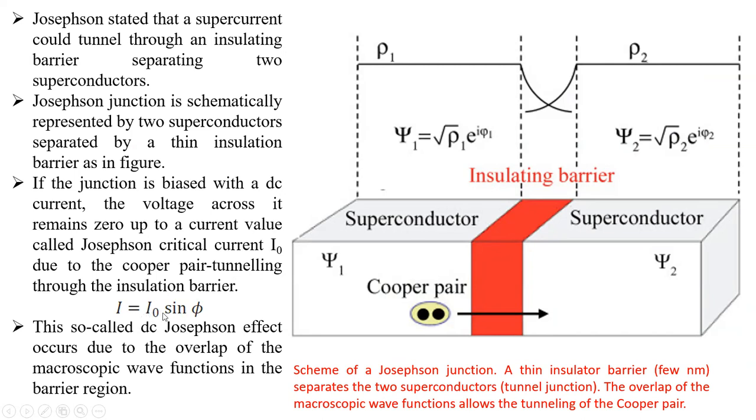This is the maximum current. If sine of phi is 90 degrees, it should be the maximum. If it is zero, certainly it should be zero. If it is at 45 degrees, you get 1 over root 2 times, that is 0.7, as you are expecting. This is the so-called DC Josephson effect, which occurs due to the overlap of the macroscopic wave functions psi 1 and psi 2 in the barrier region.